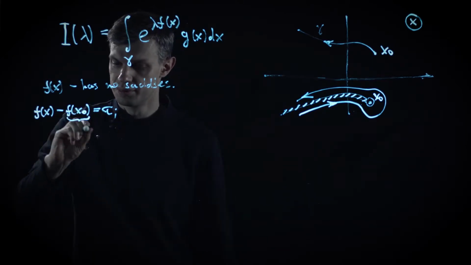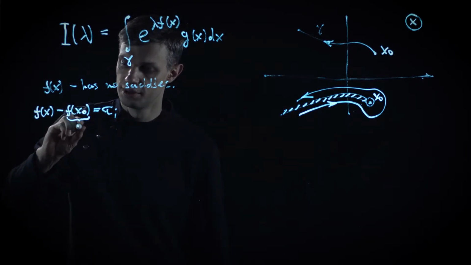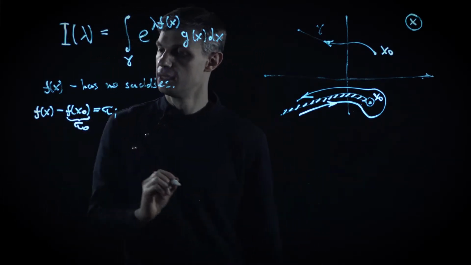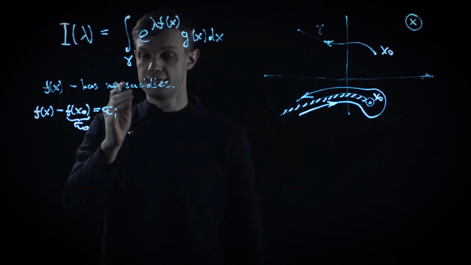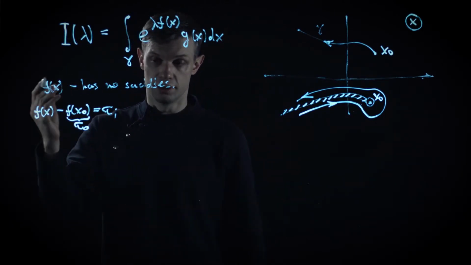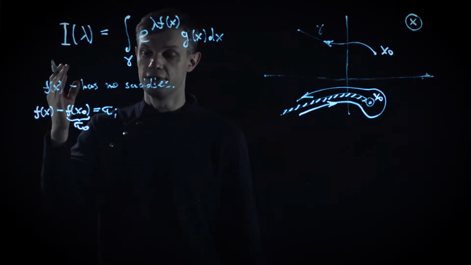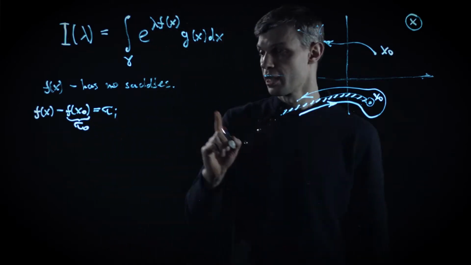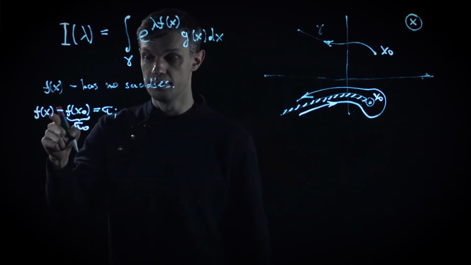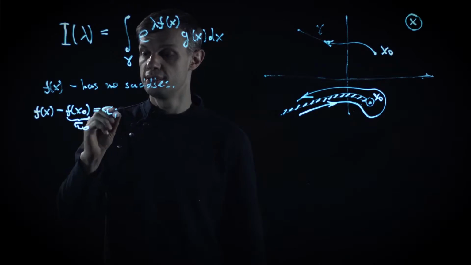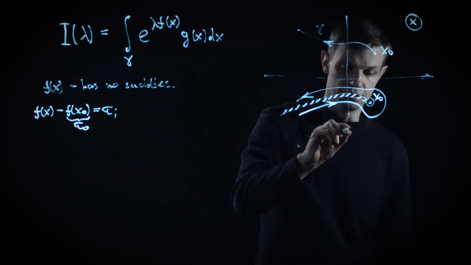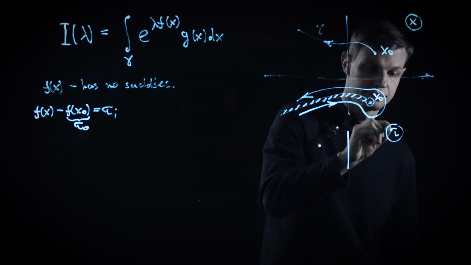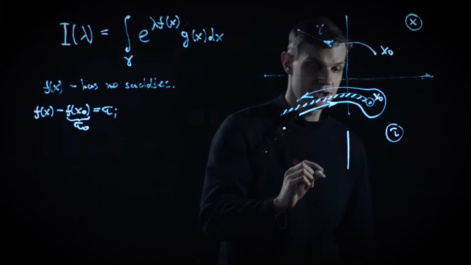Let's denote this f of x naught number as tau naught. Naturally, that kind of change performs a conformal mapping from the complex plane x to the complex plane t. If x equals x naught, then t is equal to 0. So after this conformal mapping, the contour is changed accordingly.